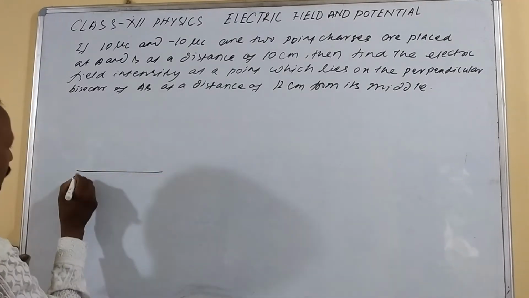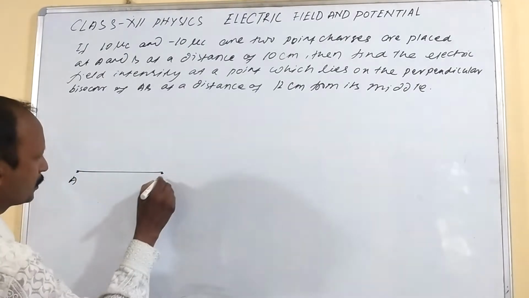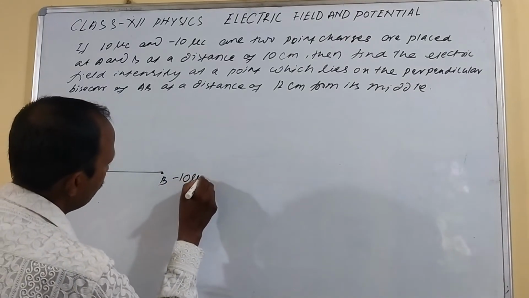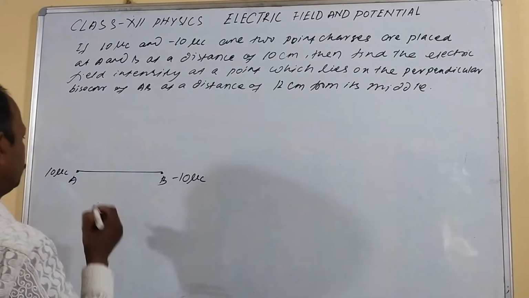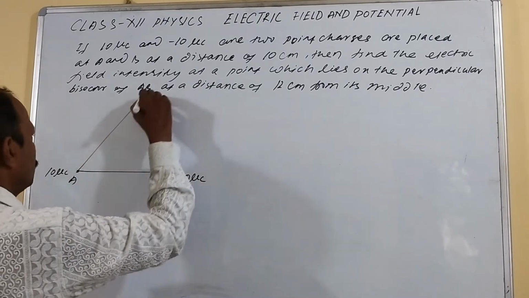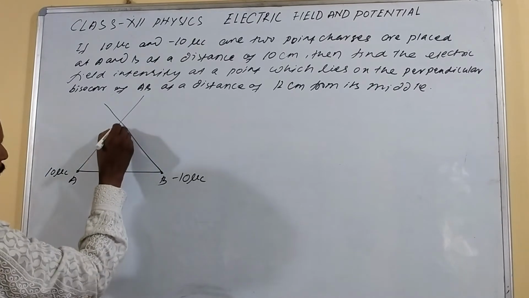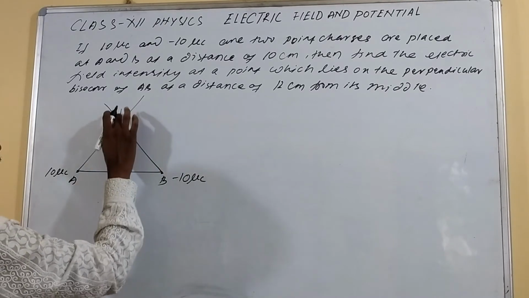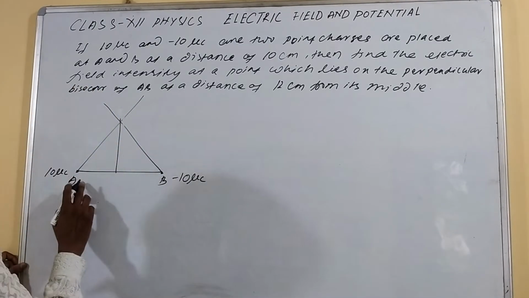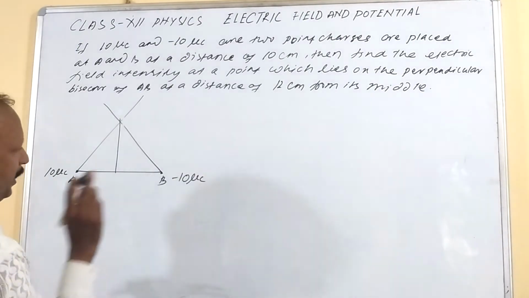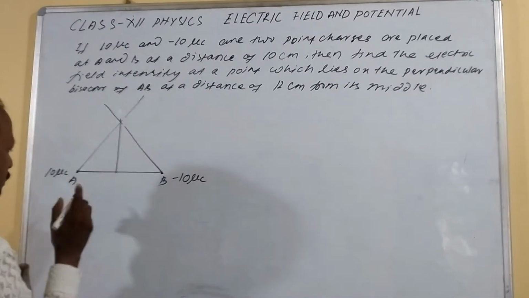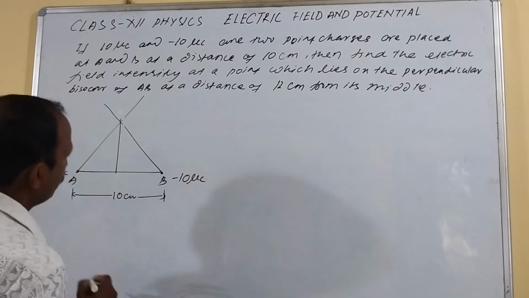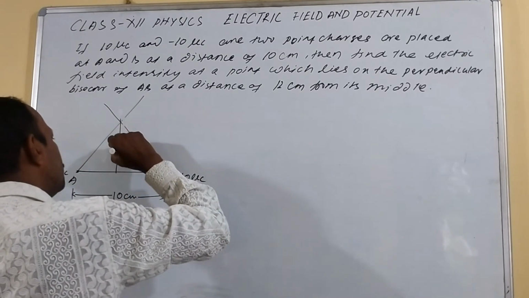Suppose this is A, this is B. This is 10 microcoulomb, minus 10 microcoulomb. So A is 10 microcoulomb, B is minus 10 microcoulomb. This distance is given 10 centimeter. Here to here it is 12 centimeter.